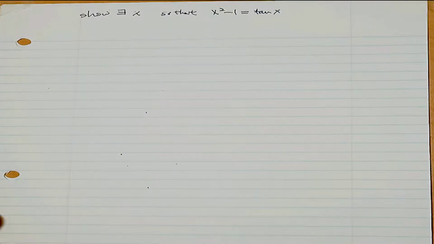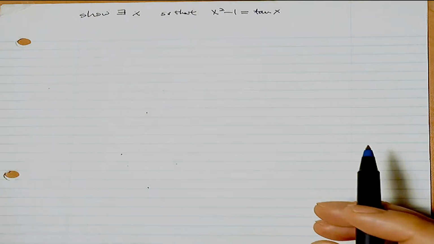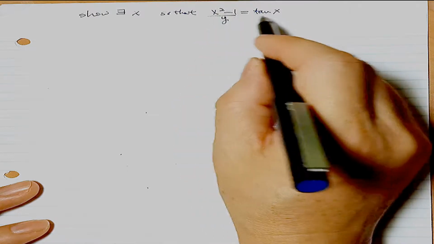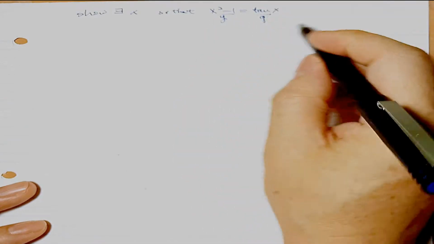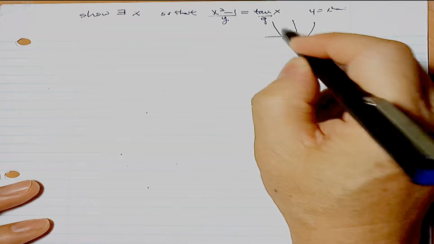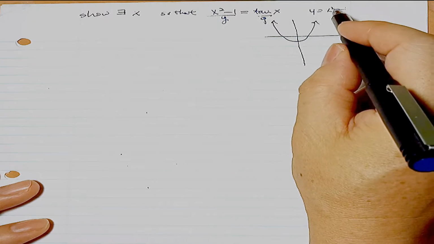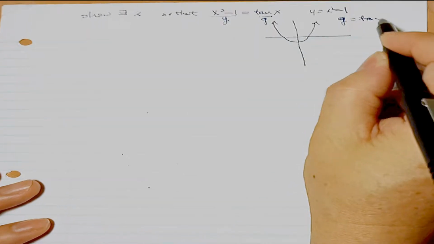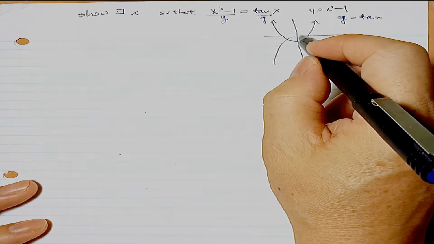What they are really wanting you to use is something called the intermediate value theorem, which means if you were to graph a function y of this, another function g of that, for example, y equal to x squared minus 1 somewhat looks like this. Okay? And g, which is tangent of x, somewhat looks like this.